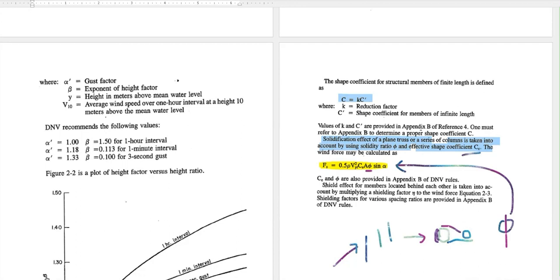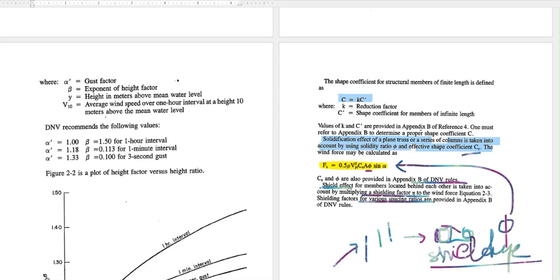We can see CE and phi are also provided in the DNV rules. Shielding effect: members located behind each other. Shielding means not solidification, it is shielding. Shielding means that a member is immediately in the vicinity of another. So this is the shielding effect, not the solidification effect. We need to see the difference.